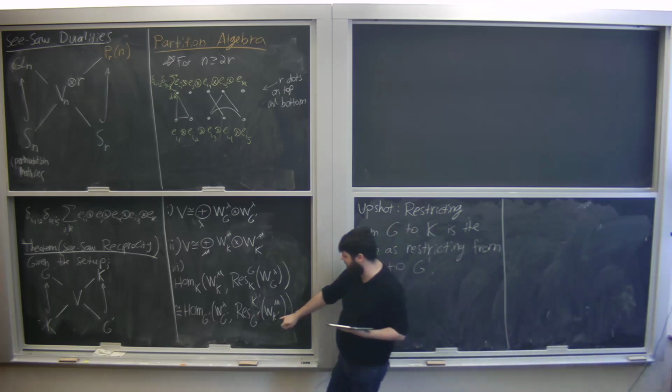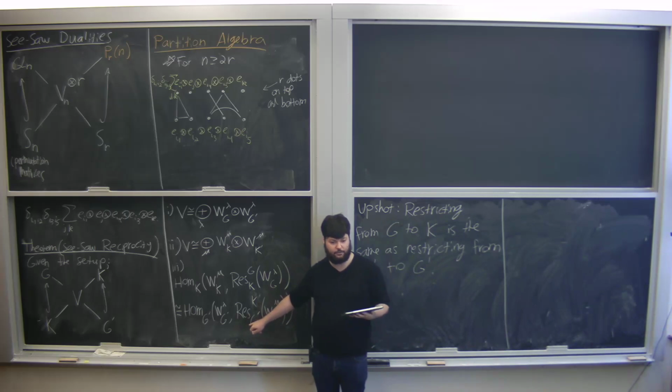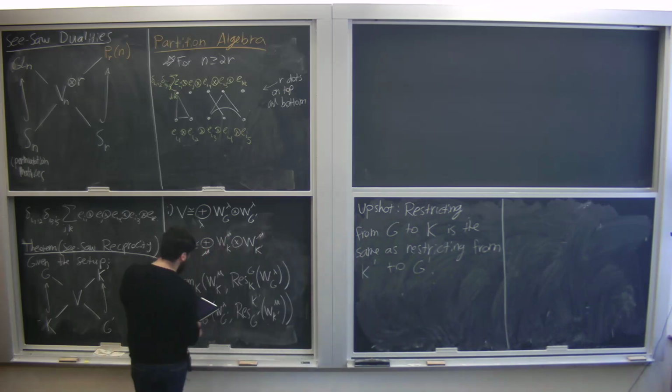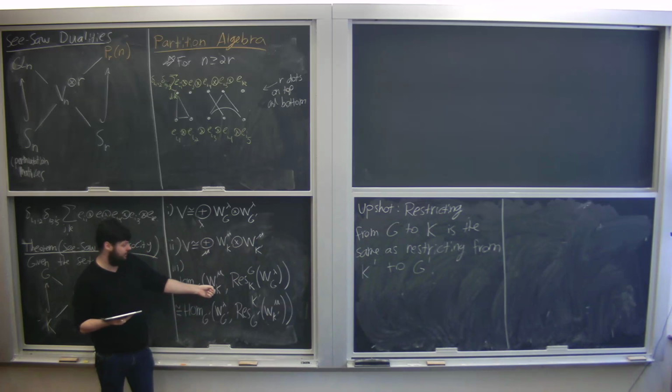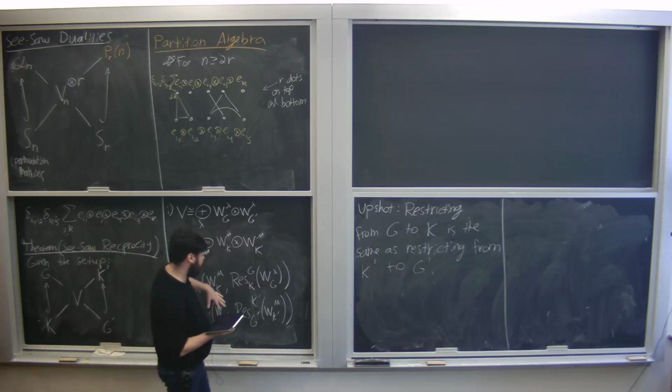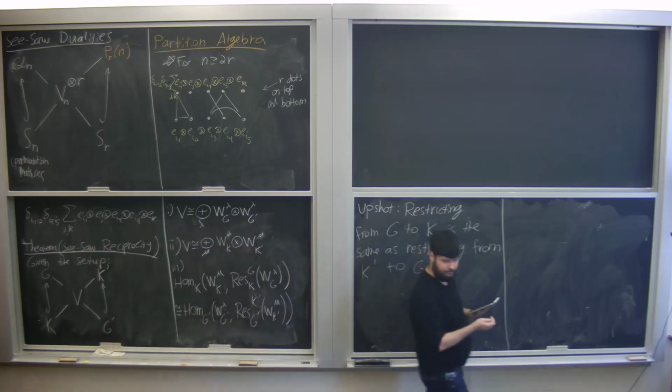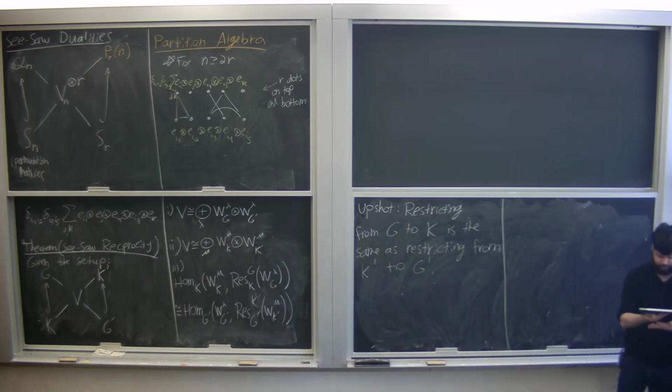And so to your point, this isomorphism is just saying that these have the same dimension. In terms of representations, it's saying that the multiplicity of this irreducible in this restriction is the same as the multiplicity of this irreducible in this restriction. So if you can restrict on one side, you can restrict on the other side. Okay. How are we feeling about that?